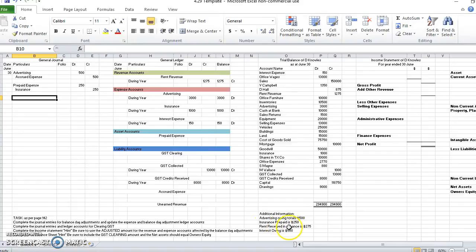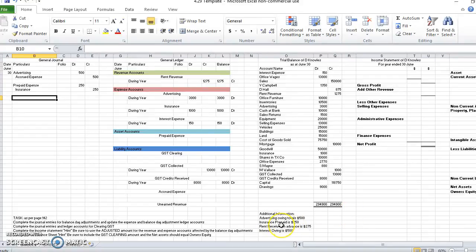Third, rent received in advance. Now, rent received means that it's rent revenue. It's not rent paid like rent expense, it's rent received. So it's rent revenue received in advance, $275. So it's not an accrued, it's an unearned revenue. It's rent revenue we've received in advance, but we haven't yet earned it.